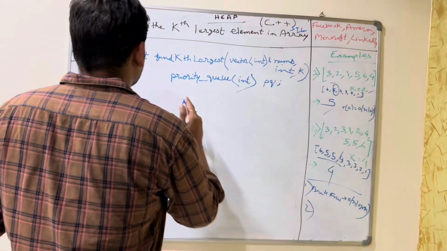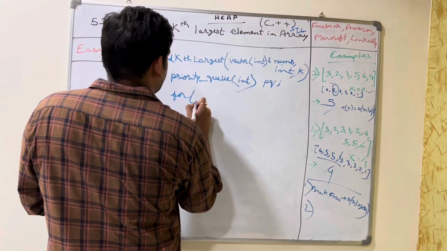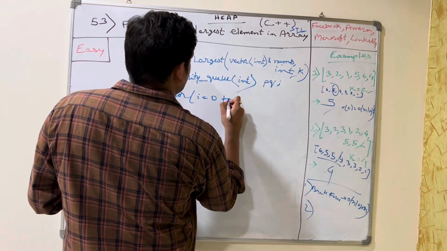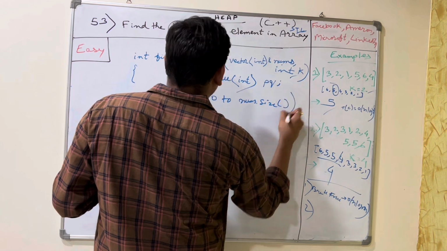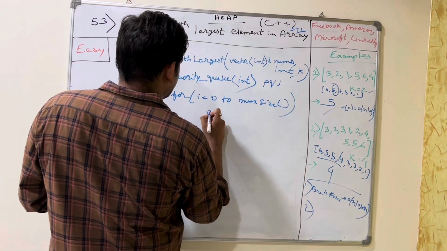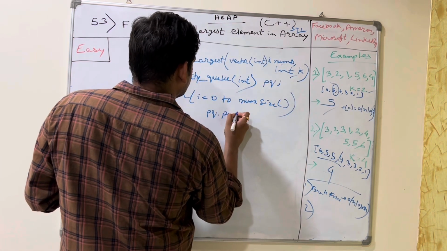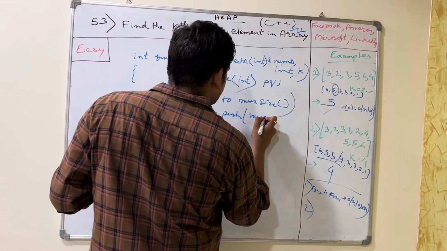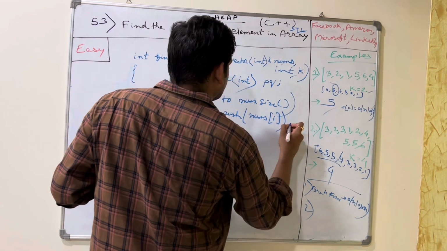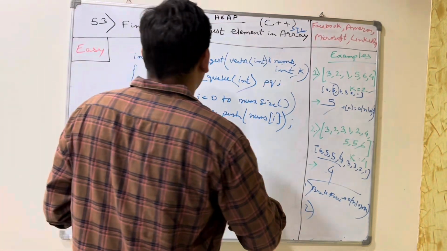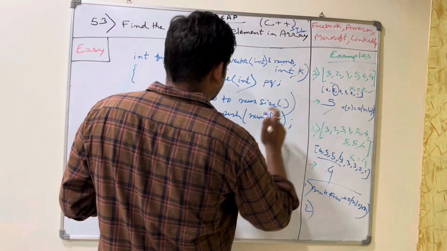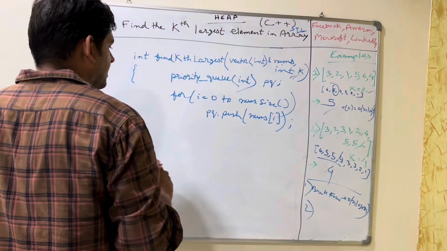As simple as that. So for i equal to 0 to nums dot size, what do we do in the beginning? We push the element, pq dot push nums i. After that we have this much, and now we need to find the kth largest, right?